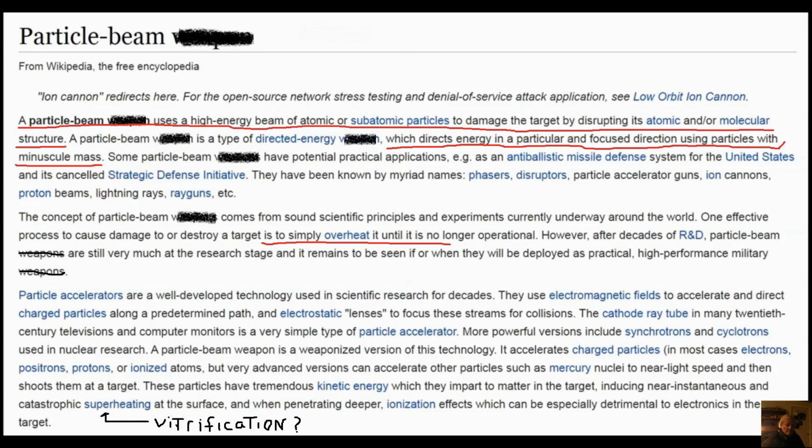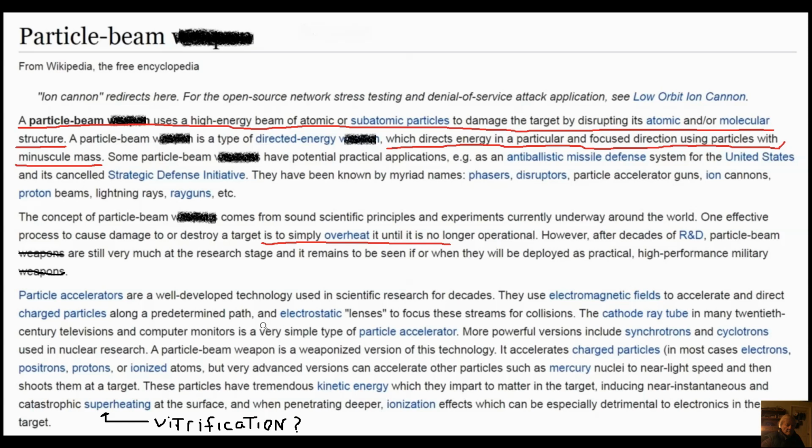Moving down, we have here in the middle, to destroy a target is to simply overheat it until it is no longer operational.